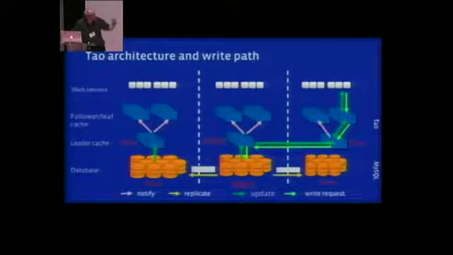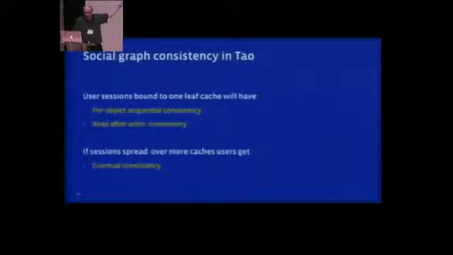If you are in a session in Facebook on one of those web servers and you talk to one particular cache, you should get read-after-write consistency because you have just written it, and since you're connecting to the same cache, you will read it. And since we replicate the data lazily, but it will be replicated, you get eventual consistency for the whole system. That's exactly the model that exists.